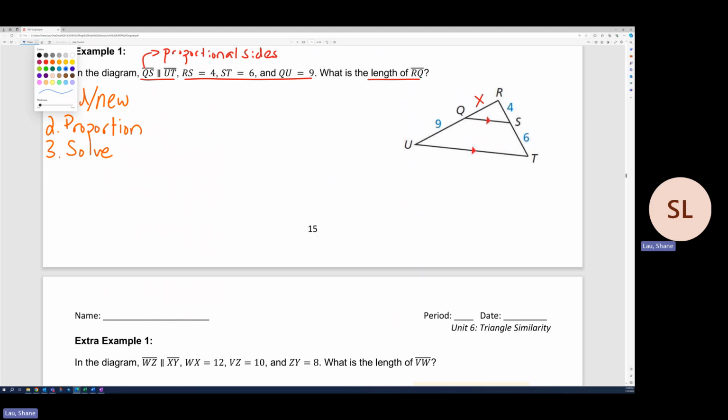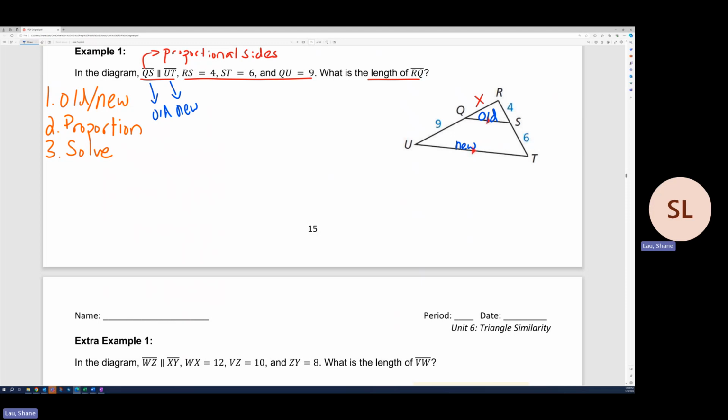So for instance, what we would do normally would be QS would be old, and UT would be new. But realize if we chose QS to be new and UT to be old, that will work the exact same way as well. But for this example's sake, we are going to use old and new in this way. So I'm going to label old for QS and new for UT.